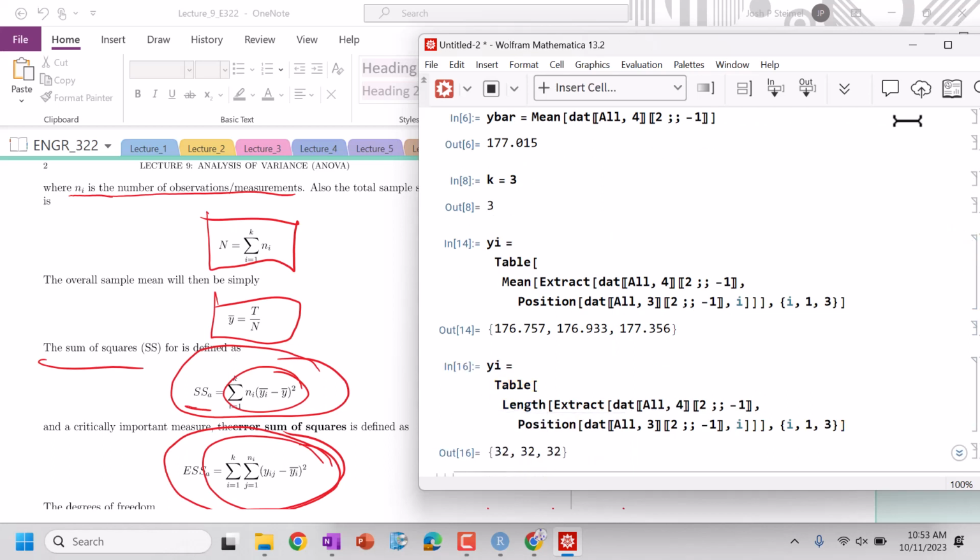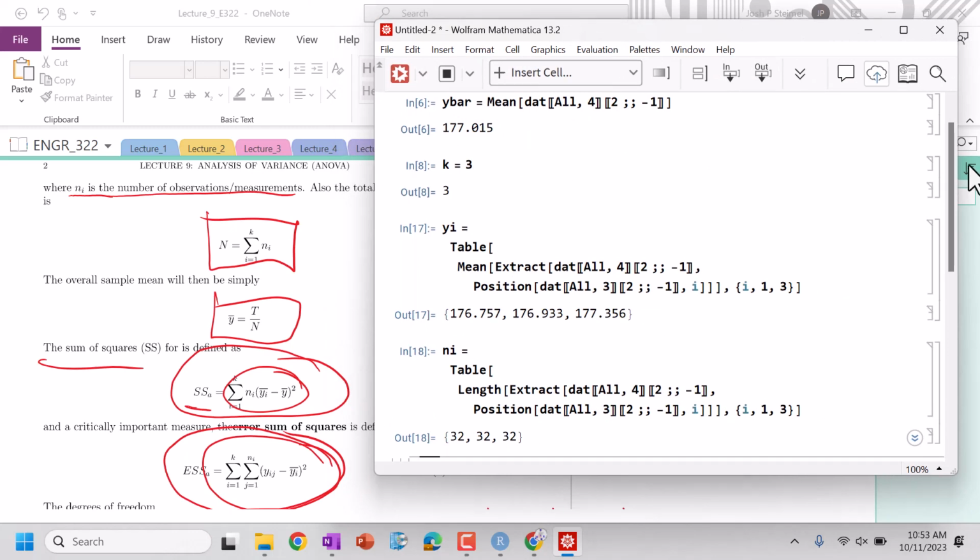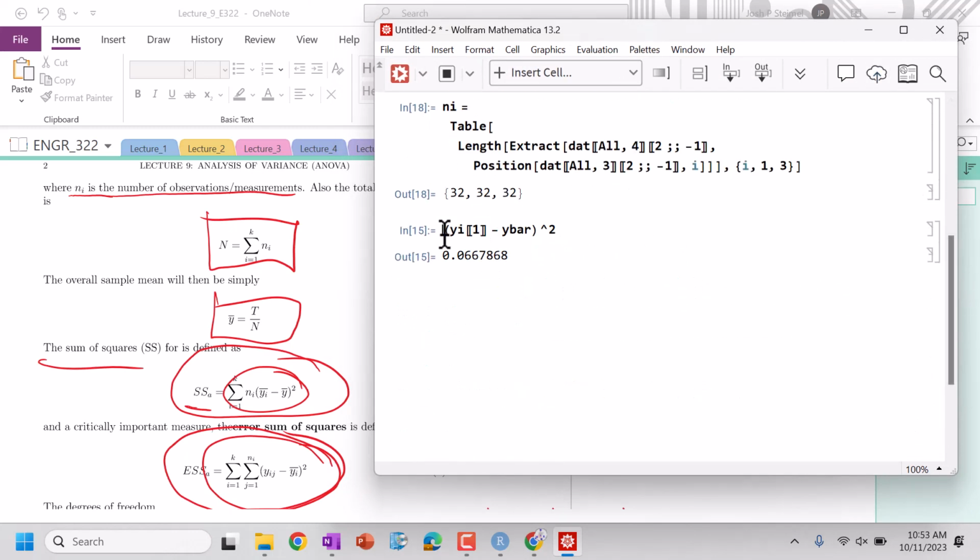And luckily here they are all equal. So I've got to be careful, not Y sub i, N sub i. So there's my N sub i. And now I can do N sub 1 times this, good. And now I need to loop this again, and I need to do a sum. So I'm going to go from i from 1 to the length of N sub i, just to keep it general.